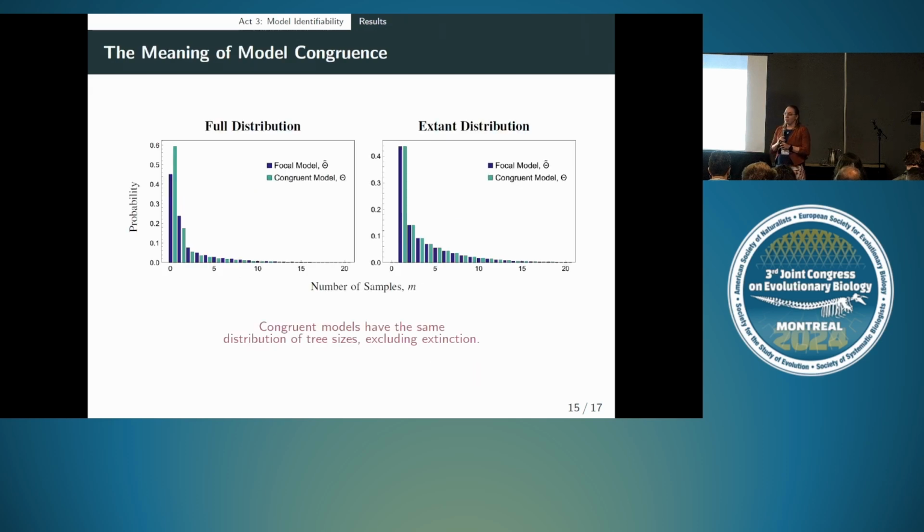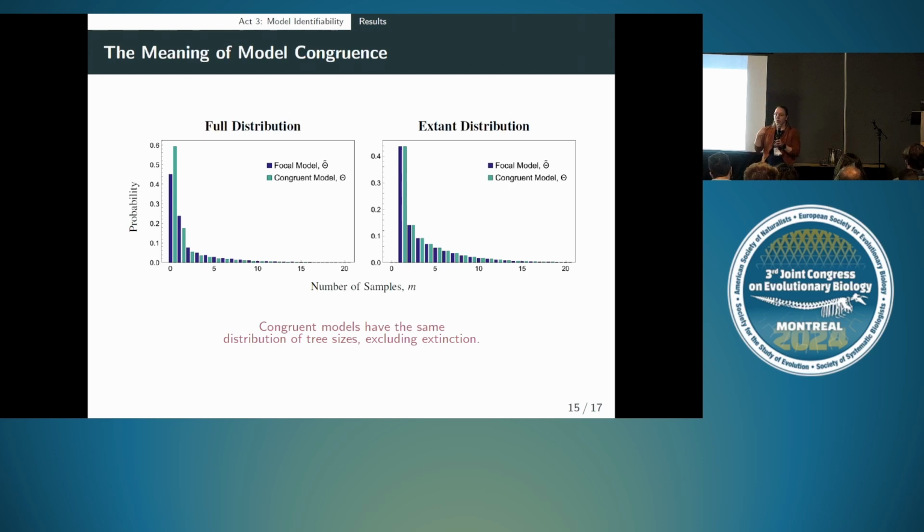To answer this question, we looked at the distribution of tree sizes for two models that have exactly the same branching density. So they're congruent in terms of Louca and Pennell's results. And what we found is that if you ignore extinction, so if you drop those very left-hand 0 bars and re-normalize your distribution of tree sizes, you see exactly the same distribution of tree sizes.